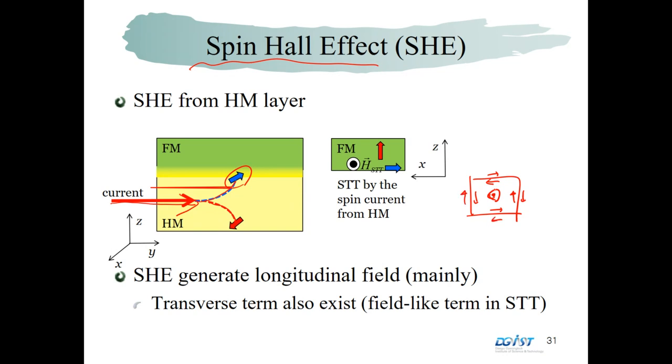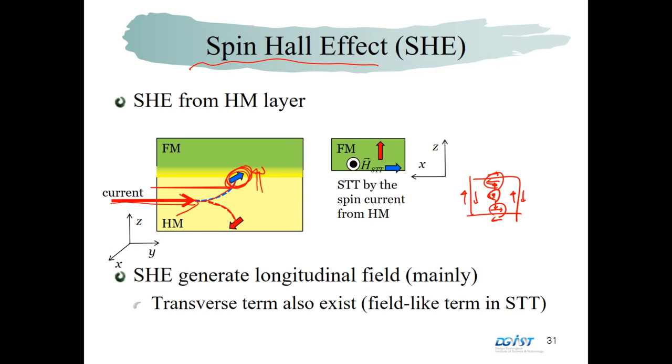That means the spin polarized electron is moving upward or downward with this polarization. So we have a kind of spin current to this interface.